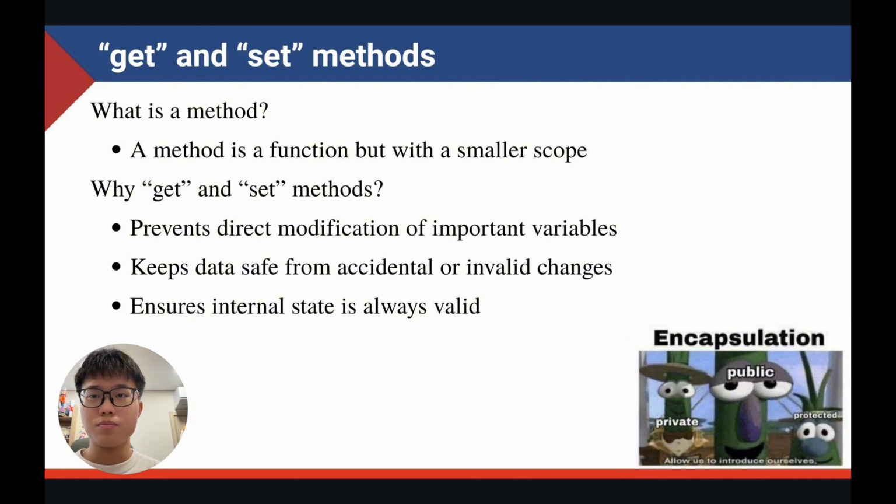First, it prevents direct modification of important variables. Second, it keeps data safe from accidental or invalid changes. And third, it ensures internal state is always valid. So that covers the core concepts of our lesson on class, object, and encapsulation.